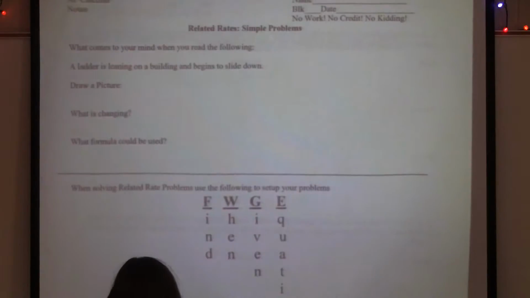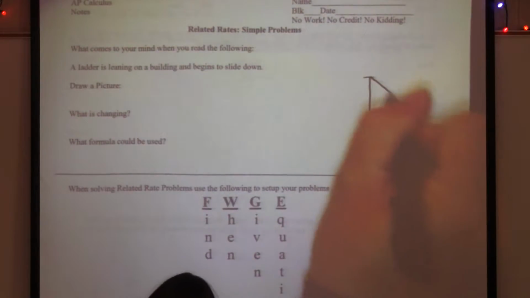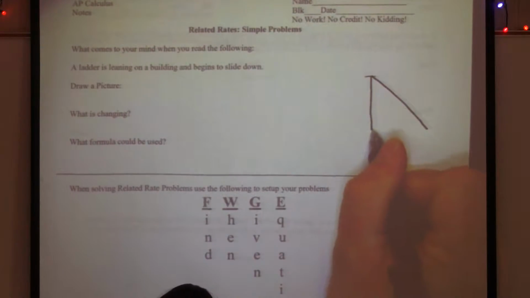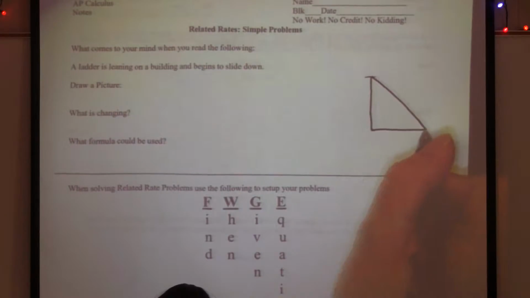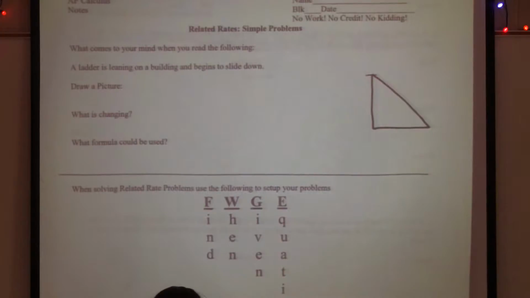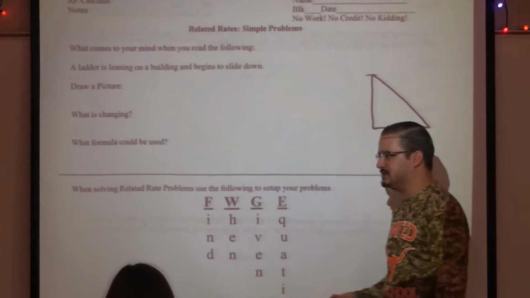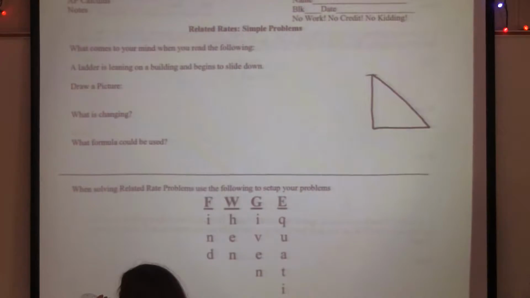Like a right triangle. So we have some building, and we have a ladder leaning against it to the top, and then we have the ground. On these particular problems, sometimes it helps us to draw a picture. If you need that, then you draw the picture. If you don't, then don't draw it.